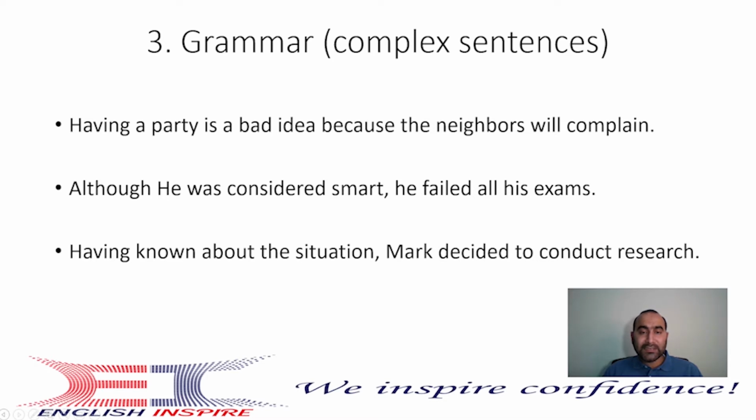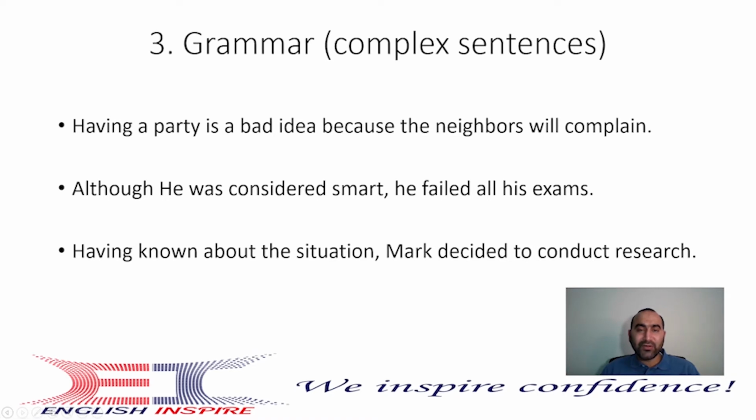So please, when you do the academic writing, try to write complex sentences. Don't write simple sentences. Try to write complex sentences. Because if you want to improve your score, if you want to get a high score, try to write complex sentences rather than writing simple sentences.